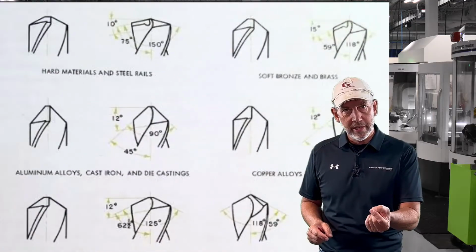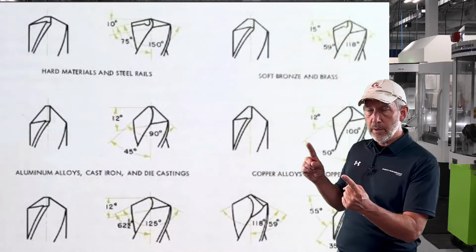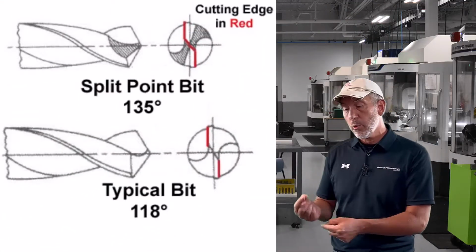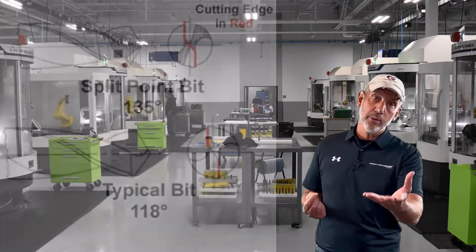That still means we've got to pick the right geometry on a high-speed steel and a cobalt drill. The biggest part of that geometry being the point angle, the length of the point angle, whether it's split point, whether it's not split point, whether it's web thinned, what kind of reliefs, what kind of angles, and what kind of diameter on that tool.